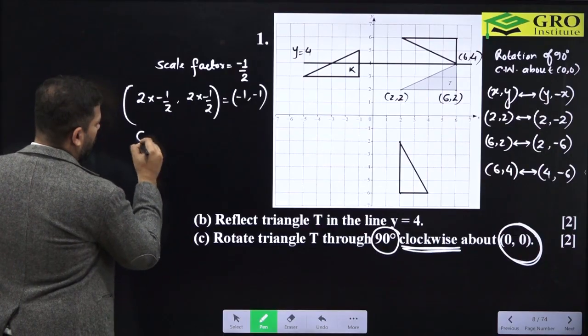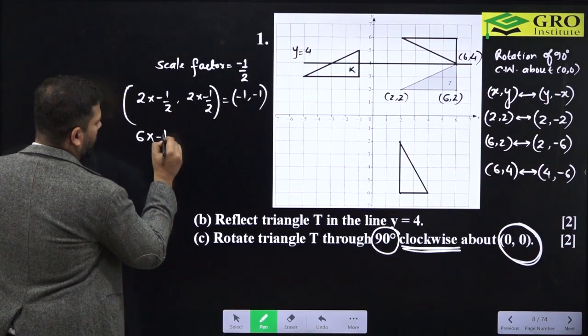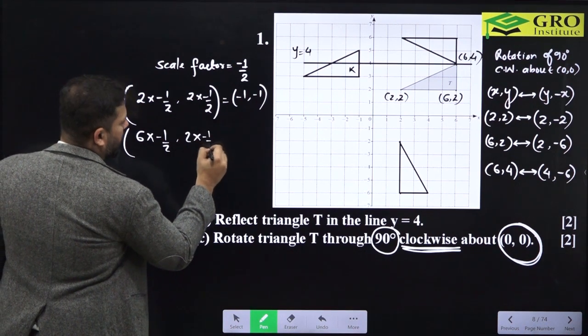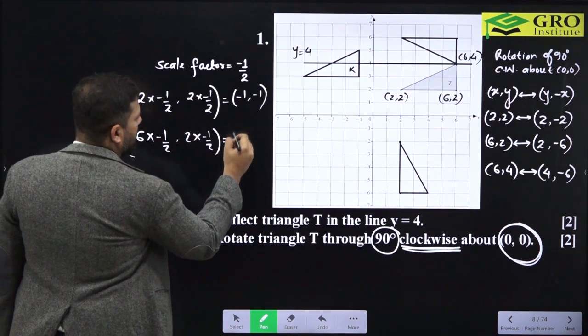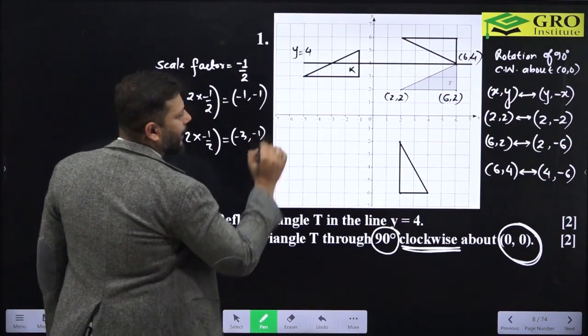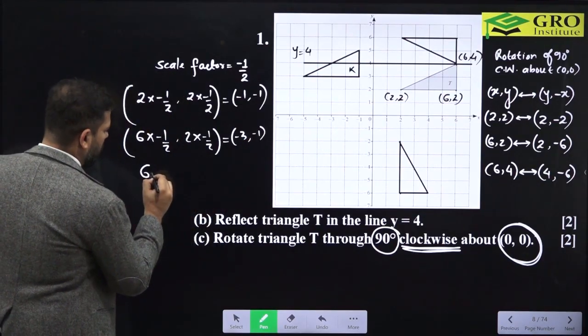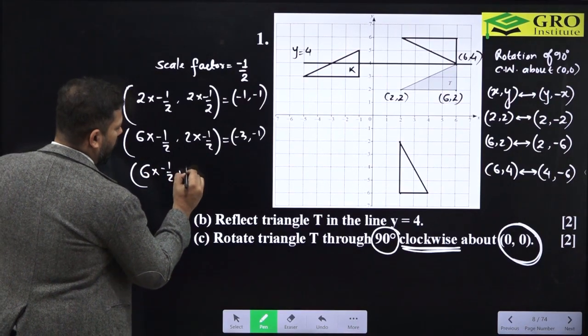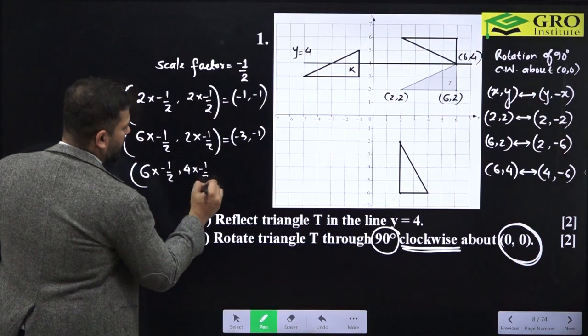When we talk about 6 comma 2, I'll multiply it with minus 1 by 2, and also this 2 needs to be multiplied with minus 1 by 2. That will result into minus 3 comma minus 1, and at last 6 comma 4. So 6 will be multiplied with minus 1 by 2, and 4 will also be multiplied with minus 1 by 2.